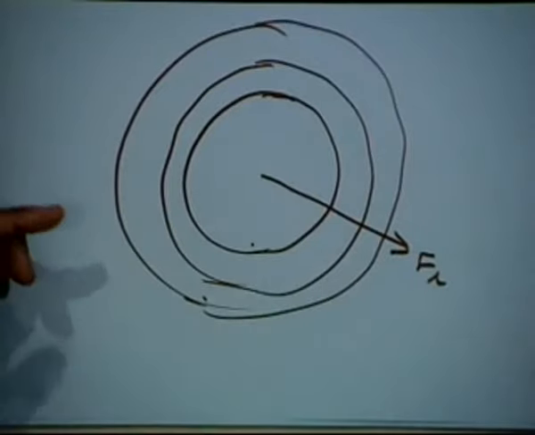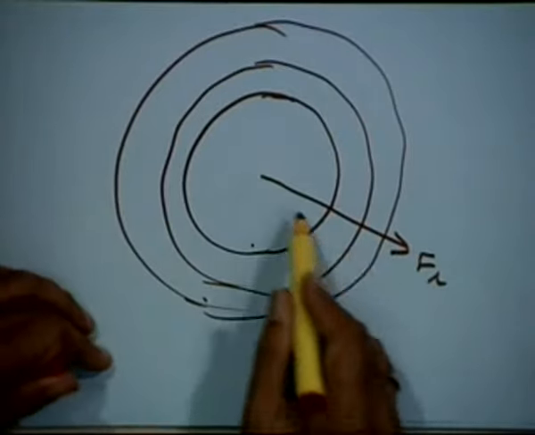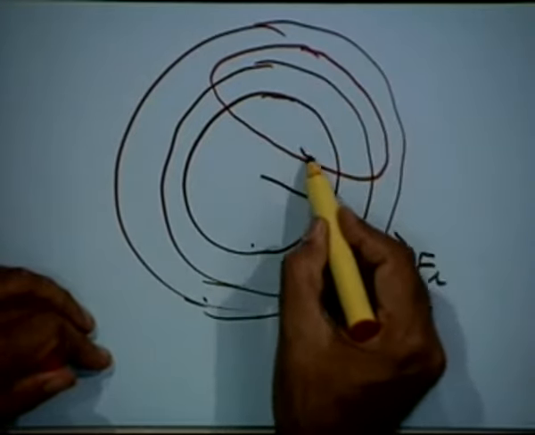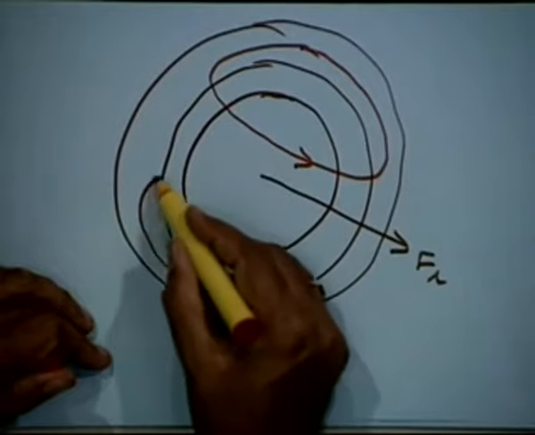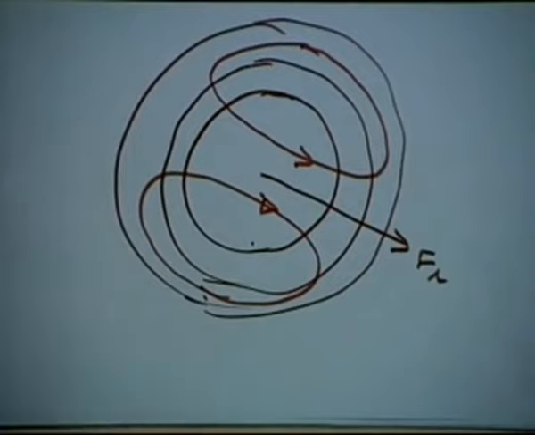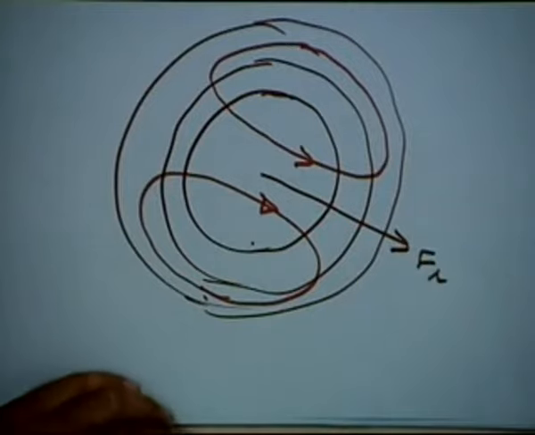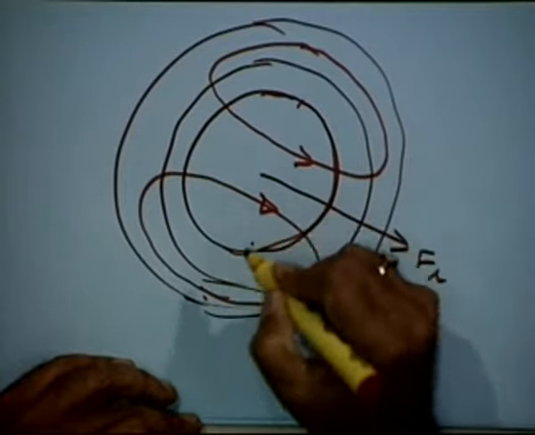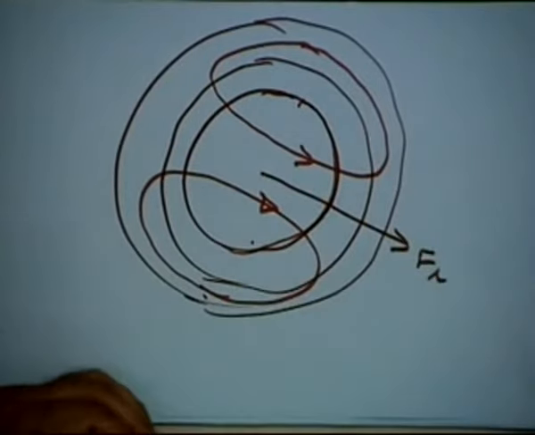So if Fr is in this direction, the flux lines will go like this. Which has become the north pole and south pole here? Now the rotor surface is magnetized, while the stator surface is not magnetized because the stator is not excited. So half of this surface assumes one pole and the other half assumes the other pole.